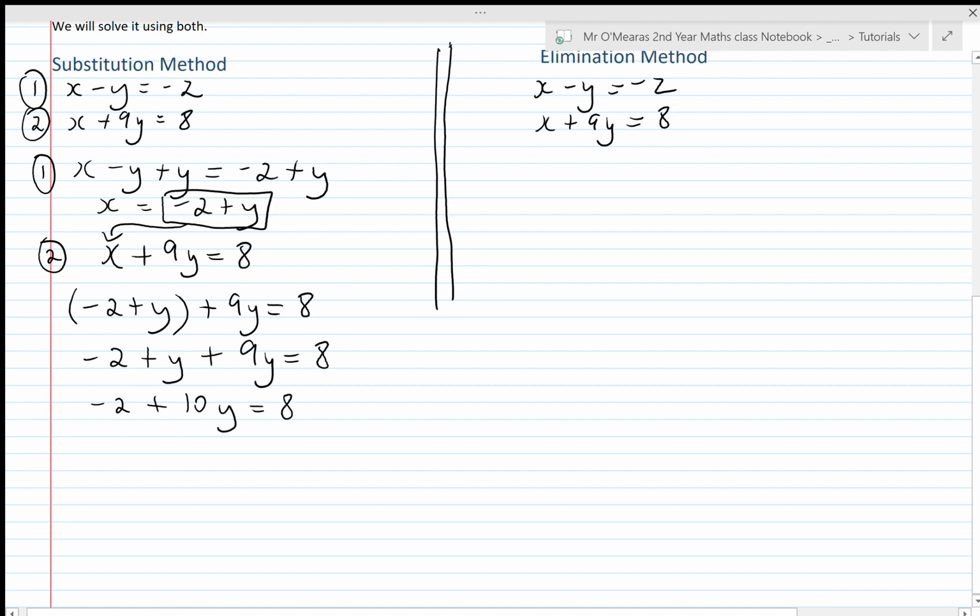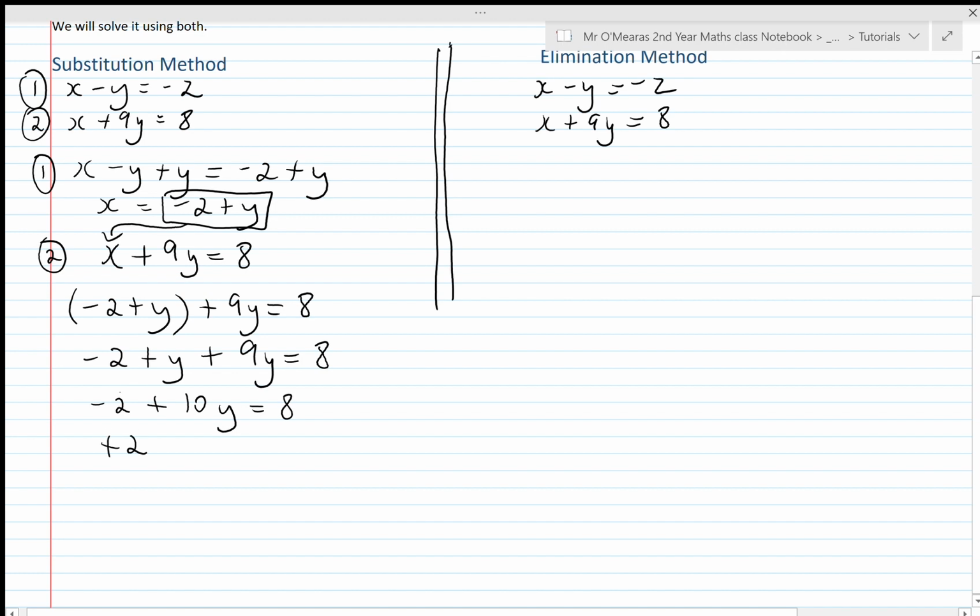And once we have a single equation, which we have now, we're reverting back to how we solved linear equations in one variable, because we only have one variable now. In those situations, if you can recall, we basically tried to get all the terms that had the variable, in this case y, on one side, and anything that had numbers by themselves, constants, on the other side.